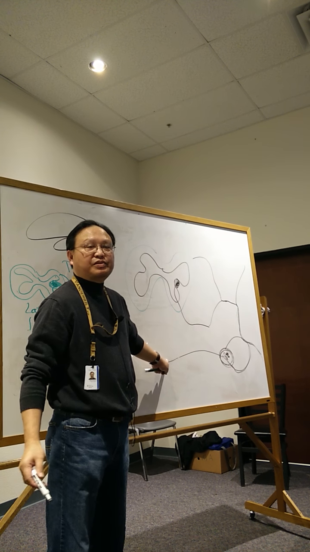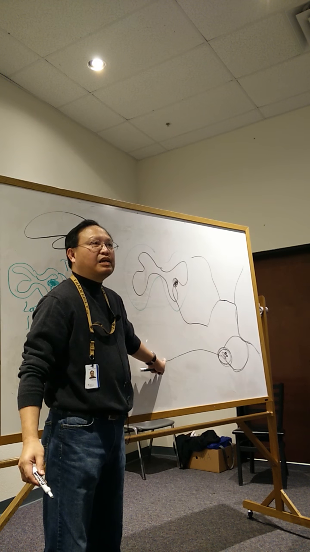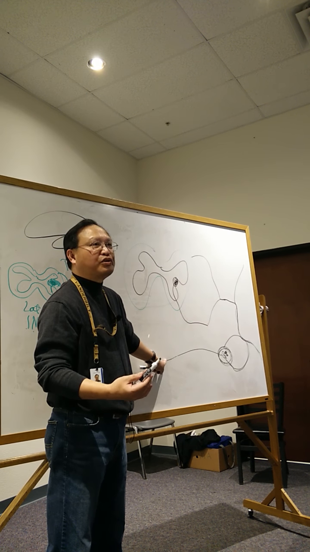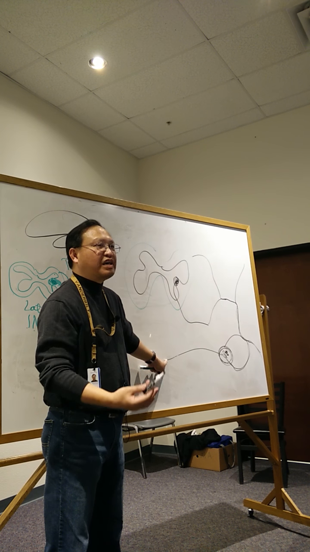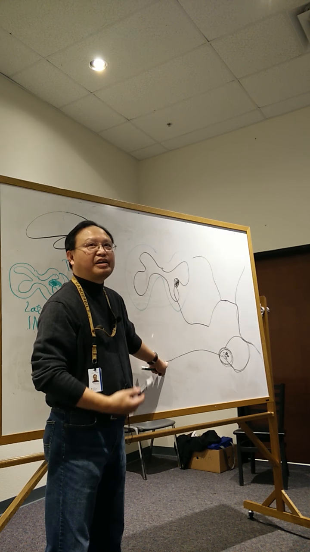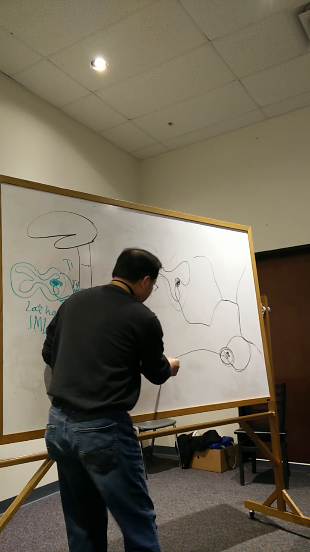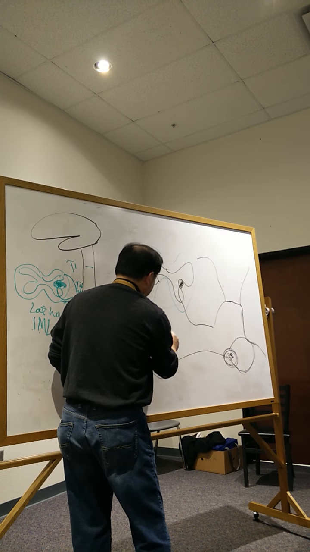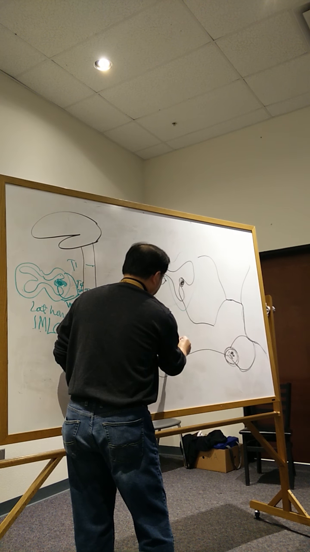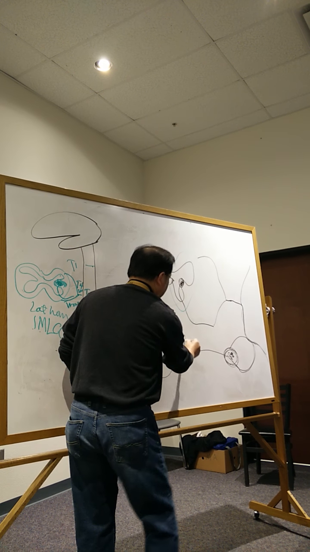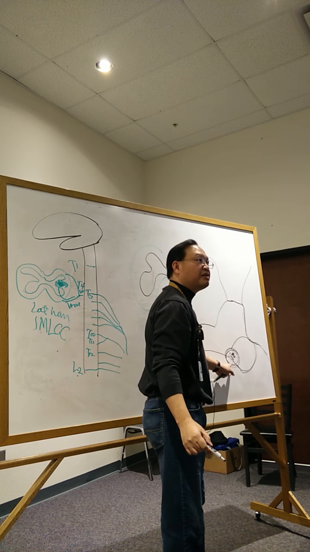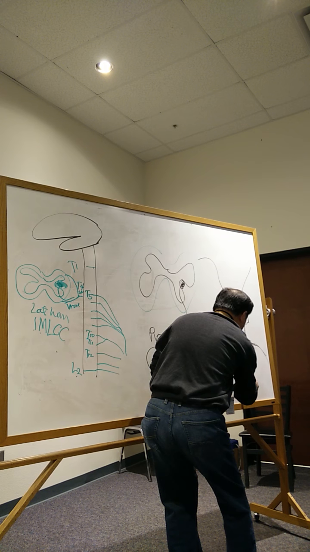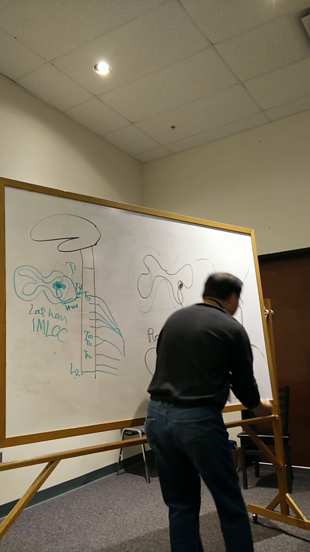Where do they synapse? In those ganglia near your aorta, your celiac ganglion, your superior mesenteric ganglion, your inferior mesenteric ganglion. So these are called prevertebral. The sympathetic ganglion in here is called paravertebral because it's beside the vertebral column.